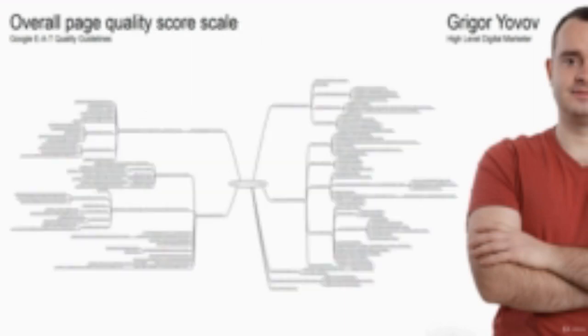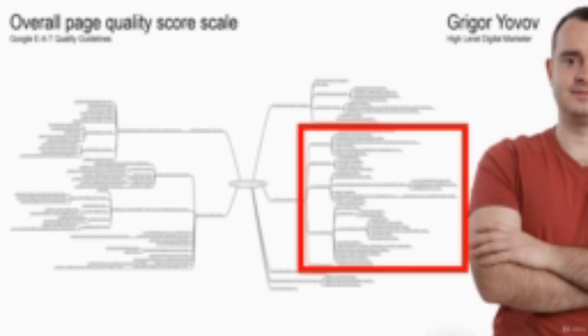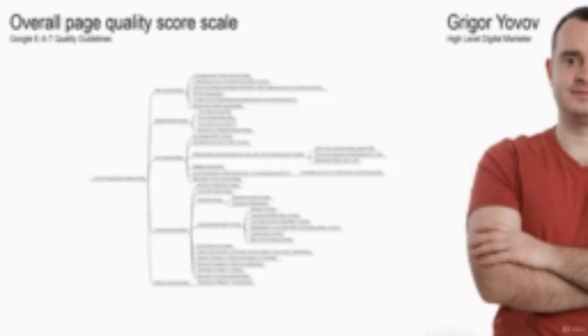In the next section, we'll go to the right middle part of the graph, and it's basically the overall page quality rating scale, which is very important. We'll dive deeper and get real examples of high quality pages and highest quality pages that are ranked higher in the most competitive keywords in Google search results.